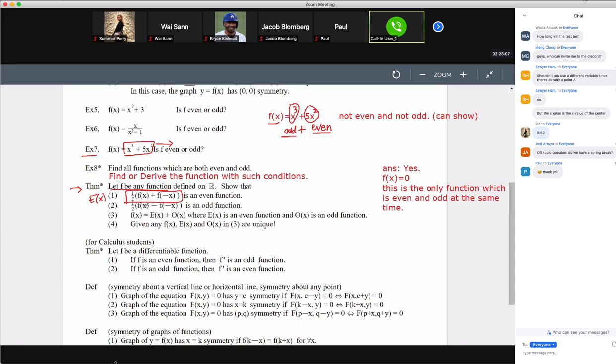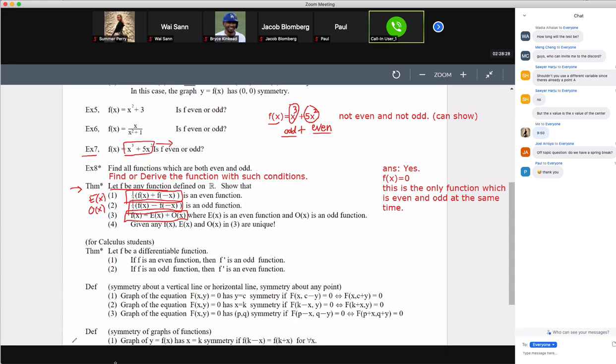And that's an even function. And then a function like this is an odd function, and you have to show that it's an odd function. Now, number 3 is the kind of conclusion. Note that f of x is actually equal to e of x plus o of x.